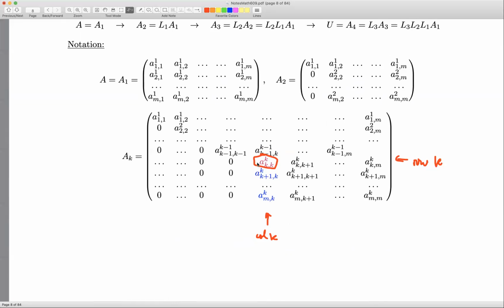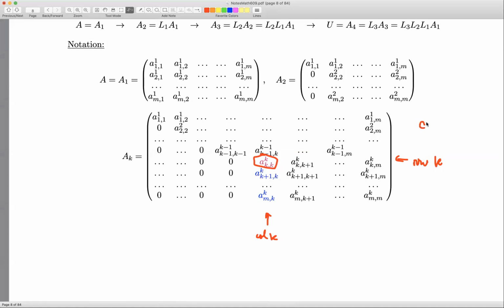And if it happens that this element here is 0, then, because in our discussion we wanted this element to be non-zero so that we can compute the corresponding multipliers L and therefore make all these blue elements equal to 0 by adding to the rows containing a blue element the row containing the red element multiplied by a certain number.